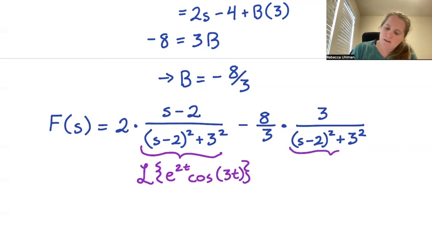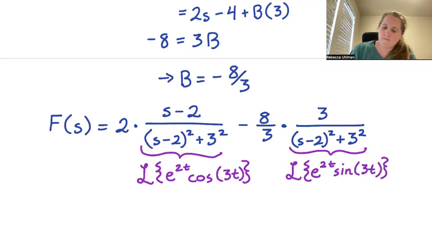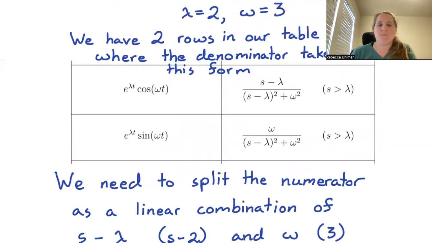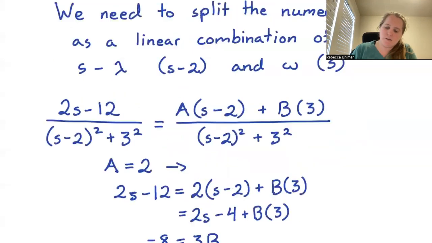The second piece, 3 over ((s minus 2) squared plus 3 squared), is the Laplace transform of e to the 2t times sine of 3t. And if we scroll up to our table, those were precisely our two forms, and they came from e to the lambda t cosine omega t and e to the lambda t sine of omega t.